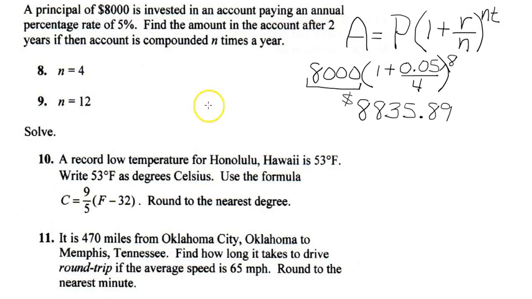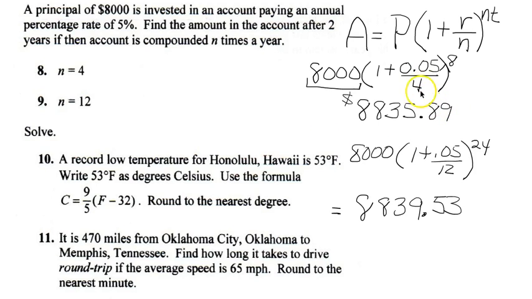So let's figure that out. So again, n is 12 now, and 12 times the 2 years gives me the exponent of 24 here. So I divided 0.05 by 12, added 1, put a caret in, and then to the 24th power, and took that value and multiplied it by 8,000.